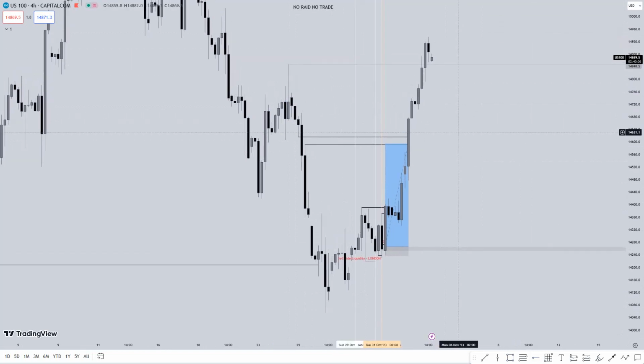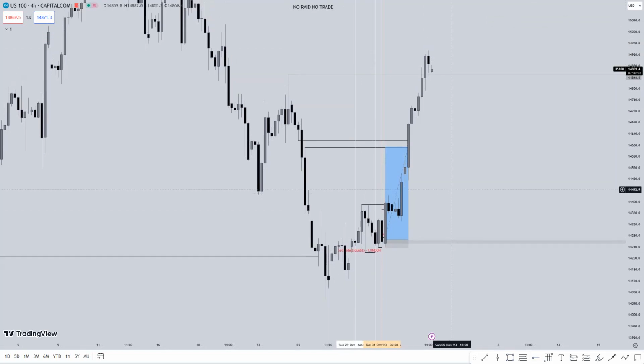Obviously we have the benefit of hindsight because it already happened, but like I said, once this was your drawn liquidity on the higher time frame, you stick to that, and once price trades to that, you can collapse your trade, because anything can happen. So it's either you close your trade entirely, or you take your partials and just manage your stop loss, and then wait for price to do its thing.